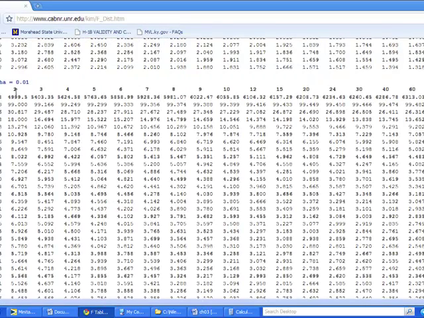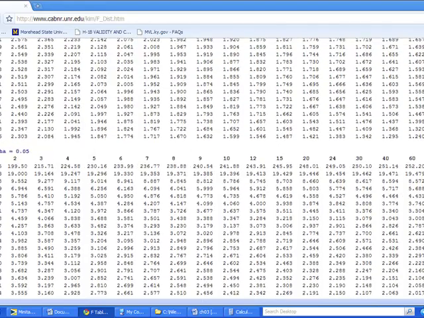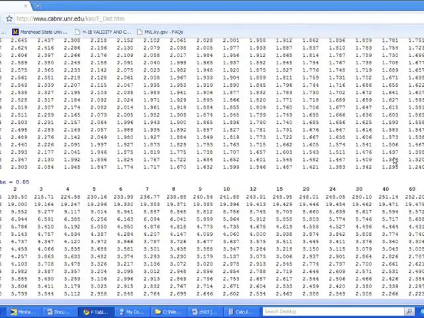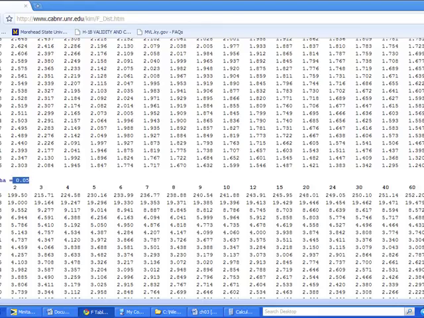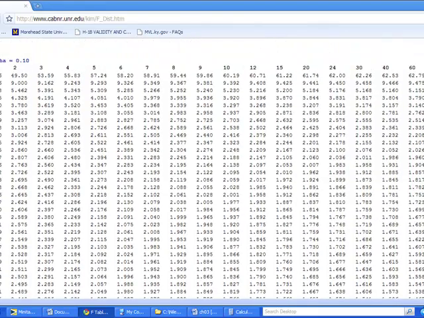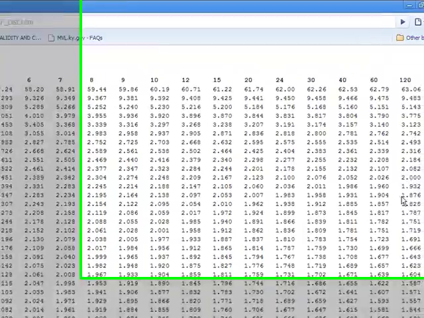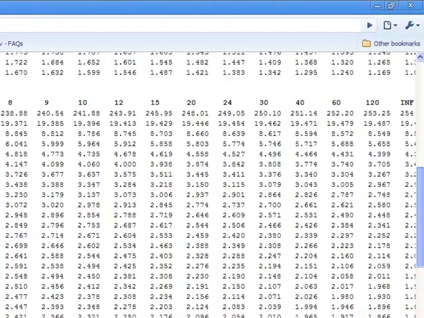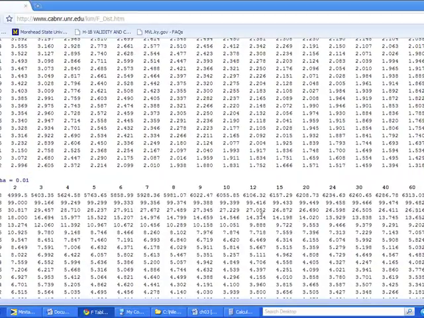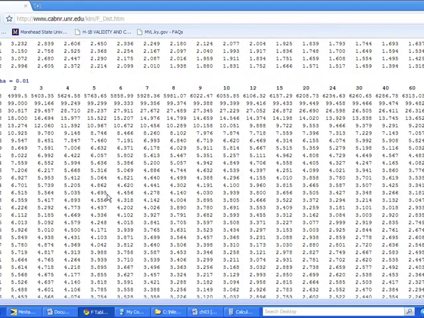This F table is for alpha 0.01. Similarly, I have tables for 0.05 and 0.1, right? I can look up the value of F in any of these tables, but I will search 0.01.